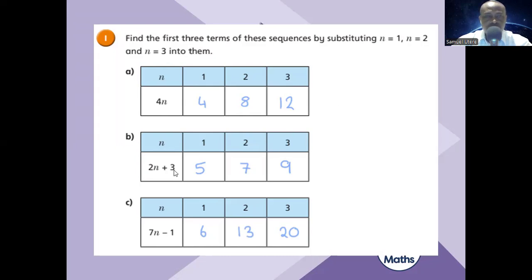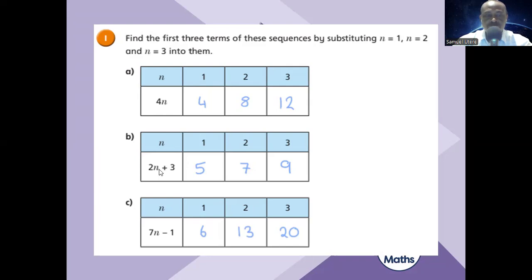And then here, when n is 1, it will be 2 times 1 plus 3. That will be 5. When n is 2, it will be 2 times 2 plus 3. So 2 times 2 is 4. Remember, 2n is 2 times n. Don't forget, the very first things you learned in algebra, when a letter is next to a number, we simply multiply both of them.